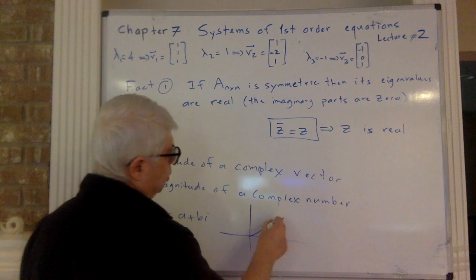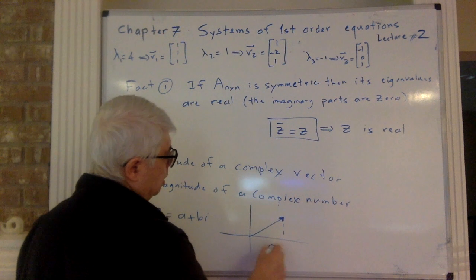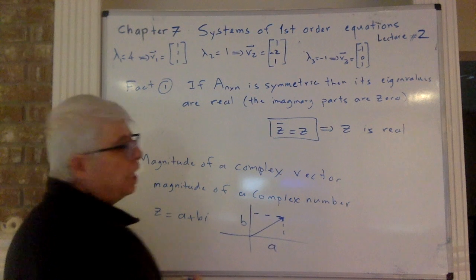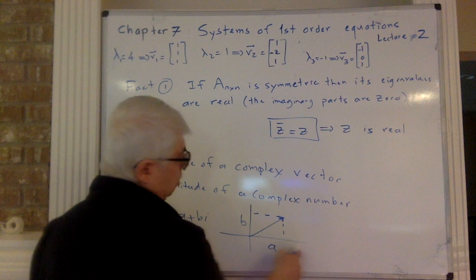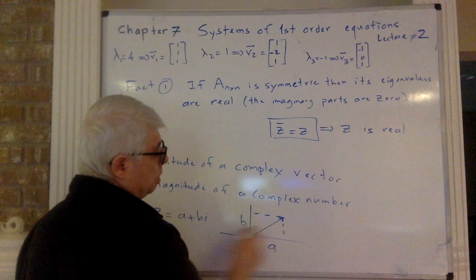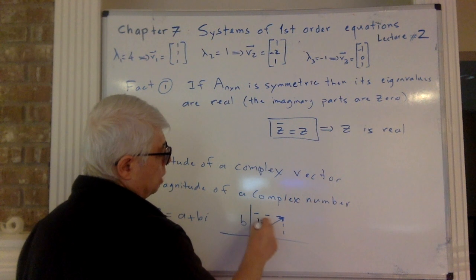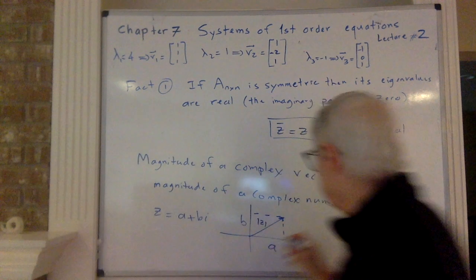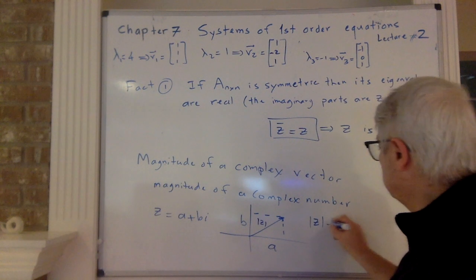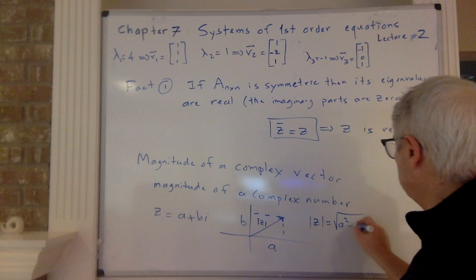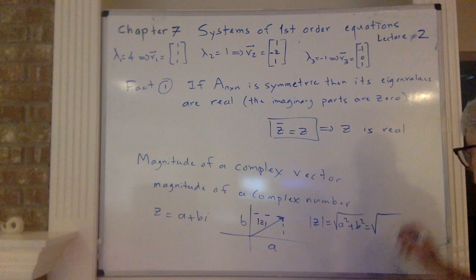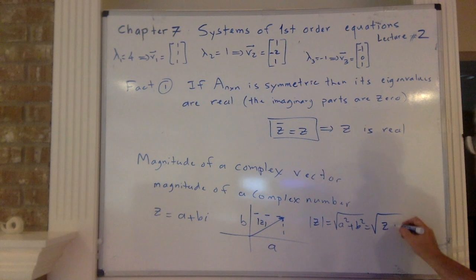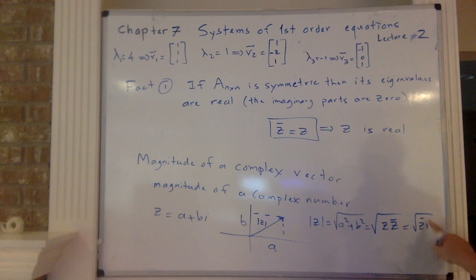It's like a vector in fact. And this is A, and this is B. It's like the point AB in the XY plane. This is the real axis, and this is the imaginary axis. And we need this. This is the magnitude of Z. What is the magnitude of Z? It is, in fact, the square root of A squared plus B squared. And remember, A squared plus B squared, I think the last time I showed that this is in fact Z bar Z, or the other way, Z Z bar. No difference.